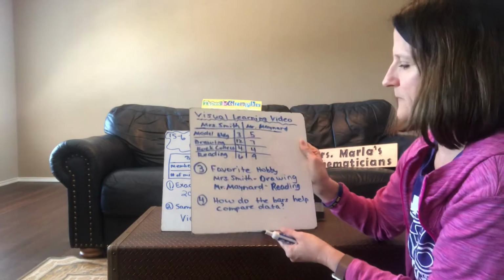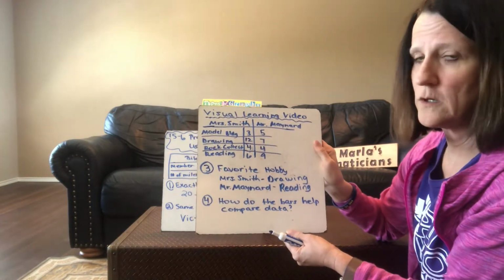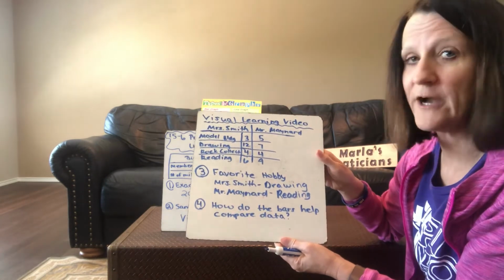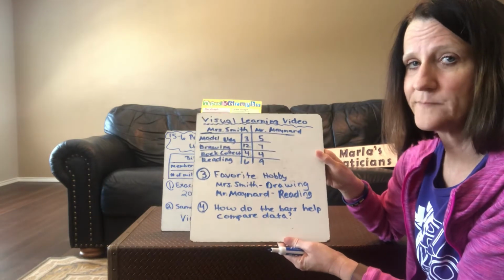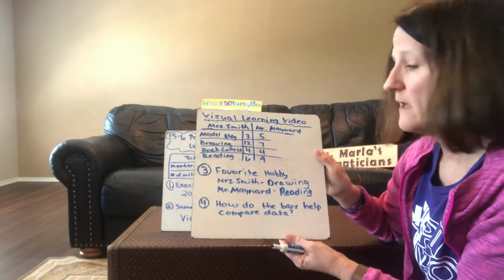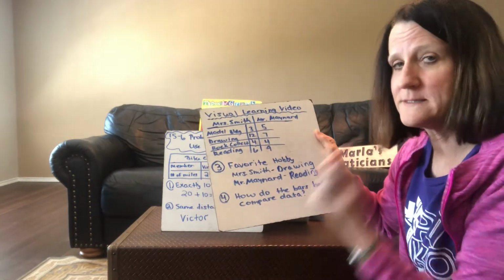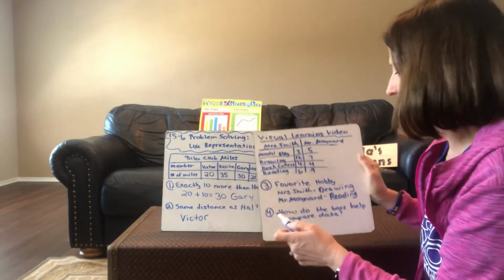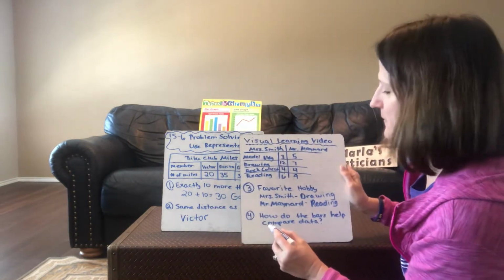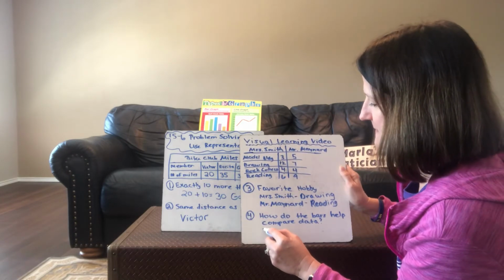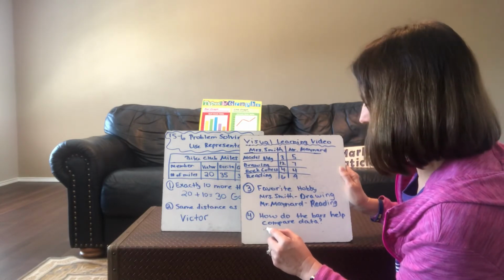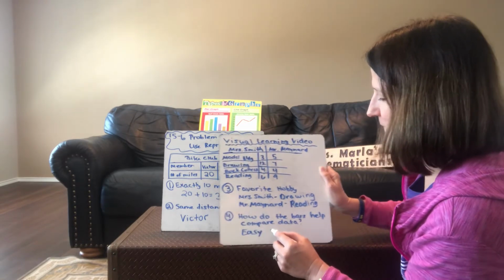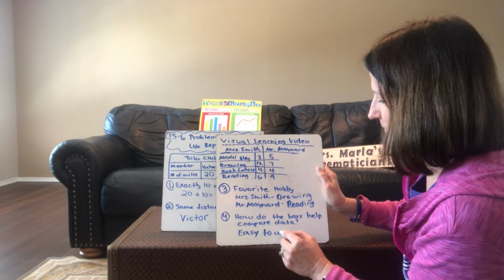All right. Then on number 4, now it's talking about bar graphs. How do bars help compare data? Yeah, it makes it easier, doesn't it? Because you can compare the lengths, and it's real easy to see which one's the longest, which one's the shortest, and so forth. It's easy to compare the lengths.